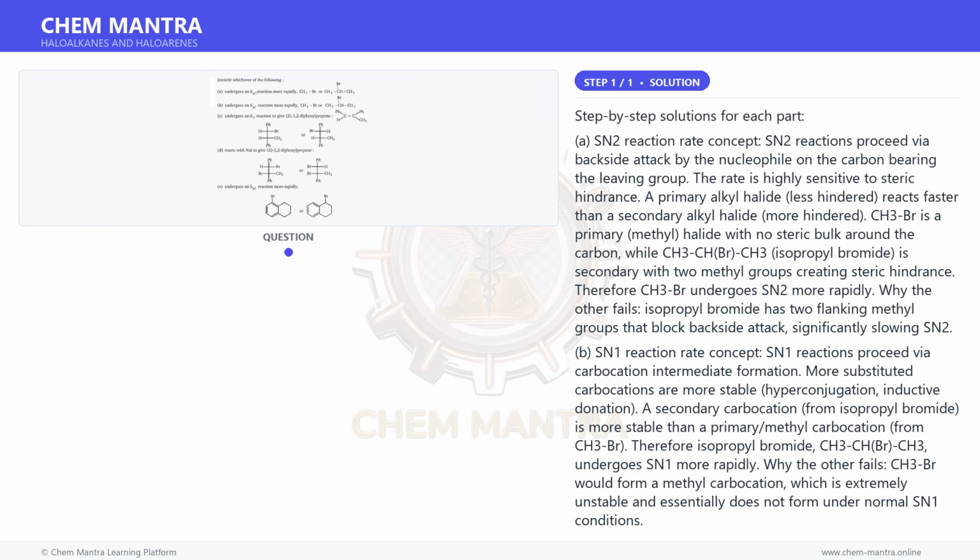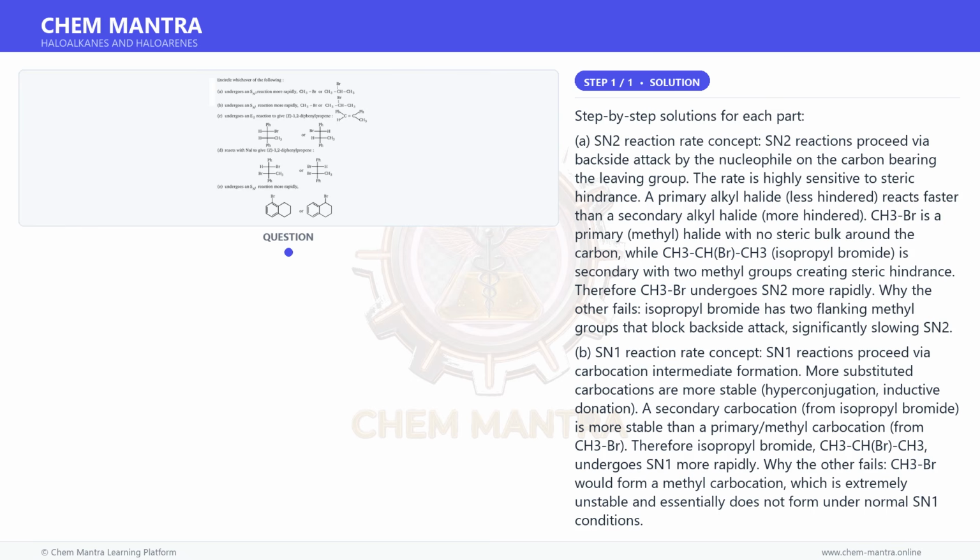A benzylic carbocation is highly stabilized by resonance with the aromatic ring. The left structure's carbocation at a vinyl allylic position adjacent to a non-fully aromatic system is less stable than a fully benzylic carbocation.